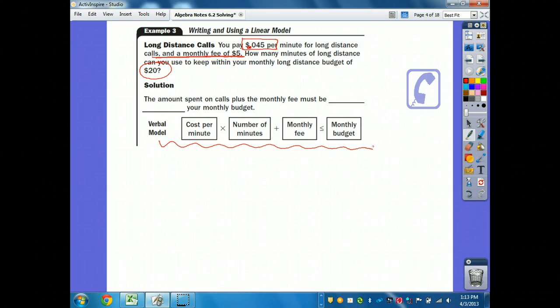What does it cost per minute? 0.045, and I take that times the number of minutes. How many minutes can I talk? Do I know yet? No. That's my unknown. So 0.045 times x, and then what do I have to add to that? 5. My $5 monthly fee that they charge me.